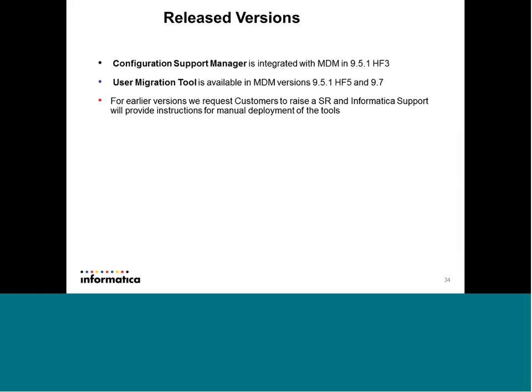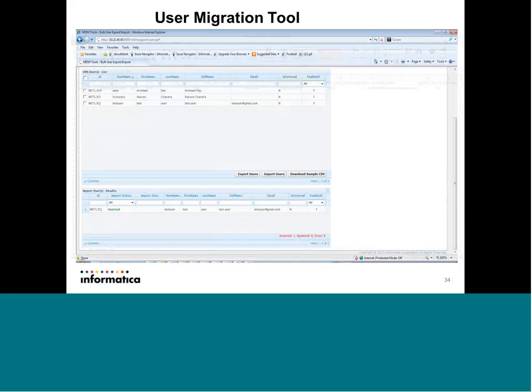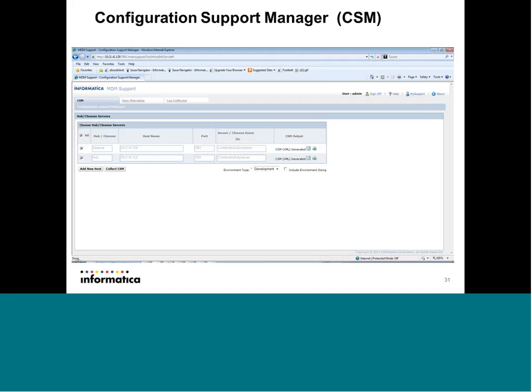In 951 HF3 you have two places. One is when you launch the Hub Console, under Help you have MDM Support Tools. You can click that option and you will be redirected to this page. The other place is in Enterprise Manager Workbench, in the Environment Tools tab, there is a tab Environment Report. Next to the Save button, there is one more button called MDM Support Tools. When you click on it, it will directly navigate you to this page.